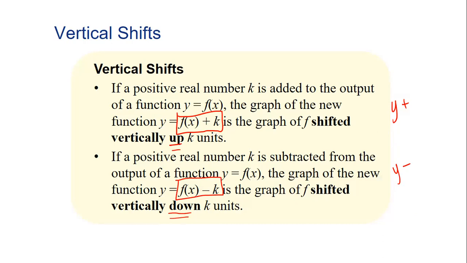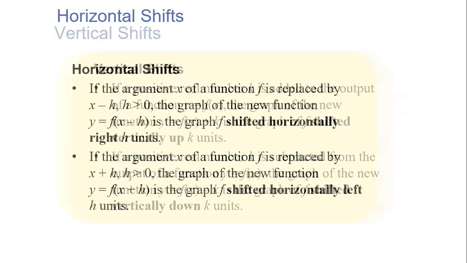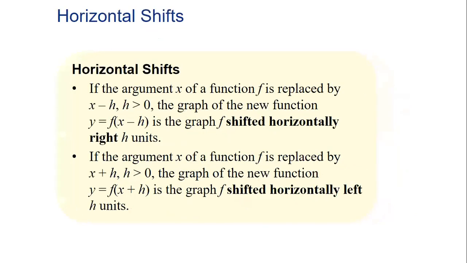Now we're going to talk about horizontal shift. For horizontal shift, I want you to write that X's are liars. That's why they're X's. When you have the X, it is replaced by X minus H, and H is going to be positive. H is already positive.